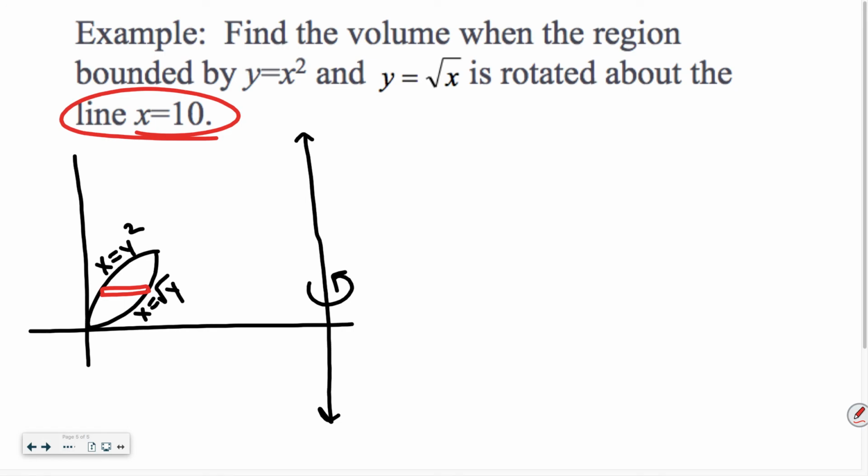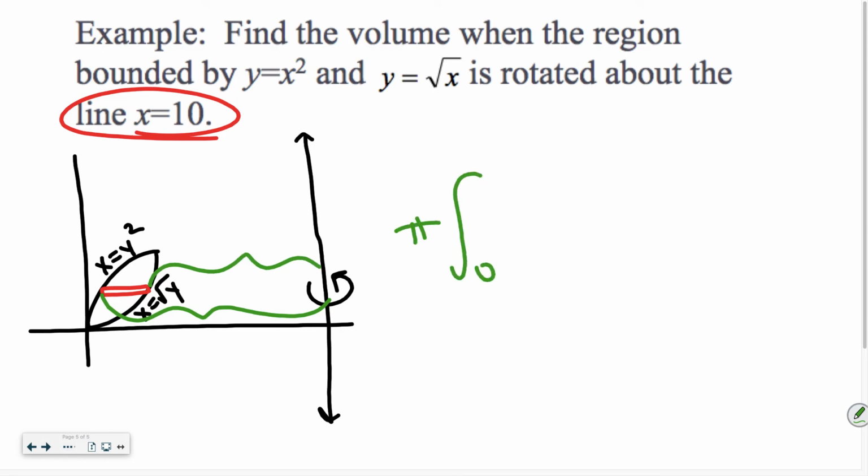Which one's on the right, which one's on the left, okay? Our axis of rotation is to the right, so we will need to start with that, okay? If it were on the left, we would have to start with our region, okay? So we always think about right minus left when we determine inside and outside radius, okay?